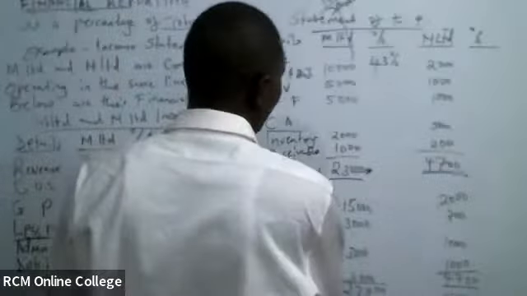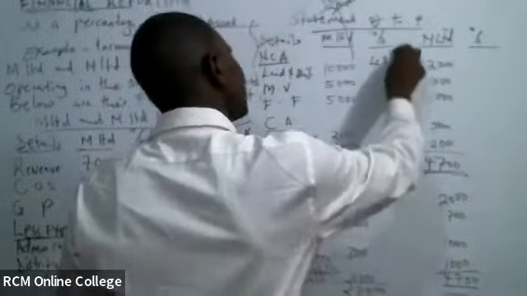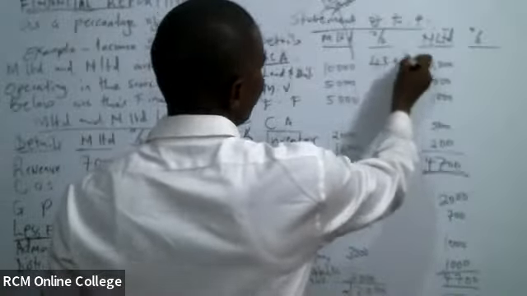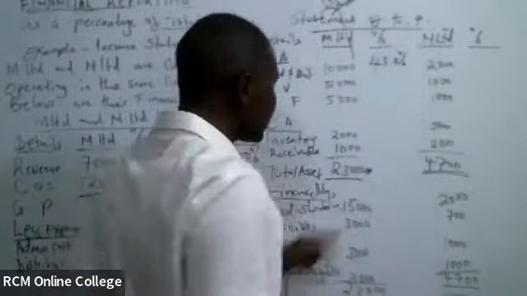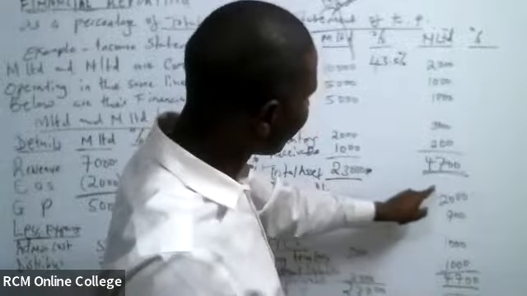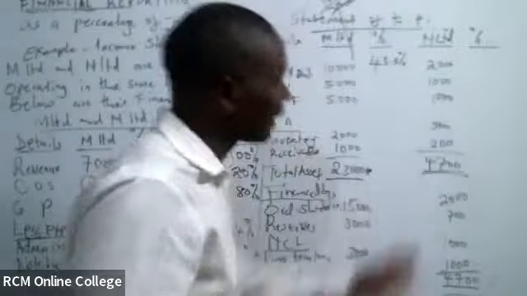Okay, let's go to the next. 2,000 divided by 4,700. That is the total asset of this one.